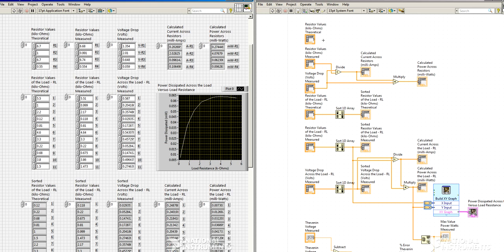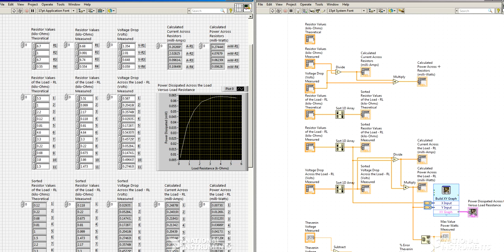Referencing the block diagram, you see that the data manipulation is similar to what's shown in the write-up for the laboratory. Once again, simply taking the resistance values that are measured, dividing these resistance values into the voltage drops measured to determine our current, and taking the current values that we have just determined and multiplying by the voltage drops for each one of the resistors 1, 2, 3, 4, we determine the power, which again is listed on the front panel in the indicators, both for power and current drop.